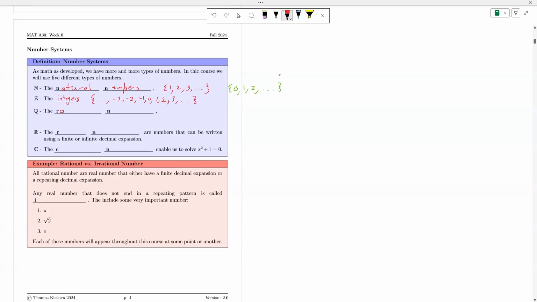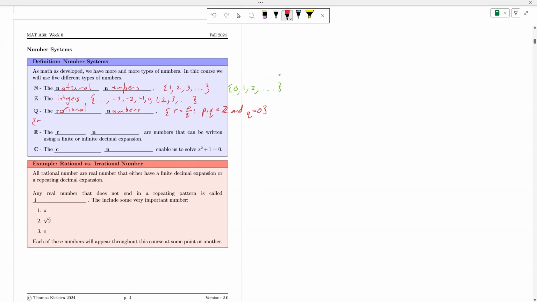We have the rational numbers, which is the set R equals P over Q, such that P and Q are integers and Q does not equal 0. Now, this notation is something you're probably used to, but we can also define it differently.